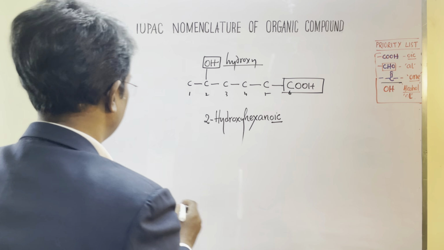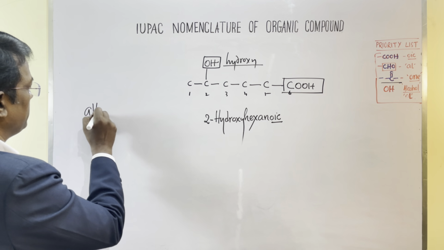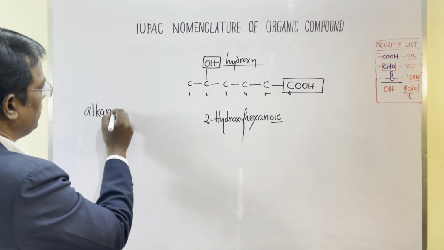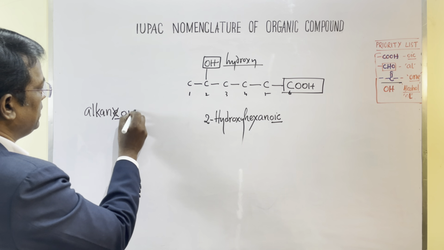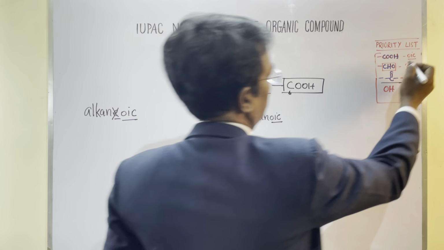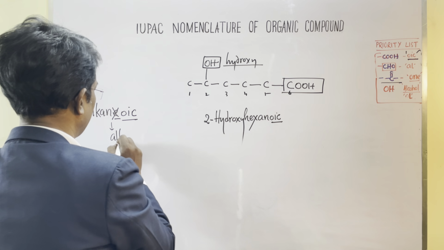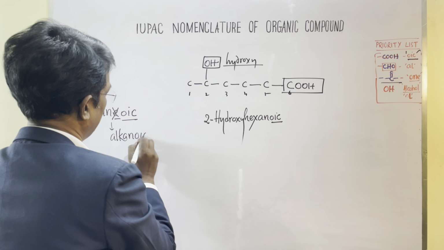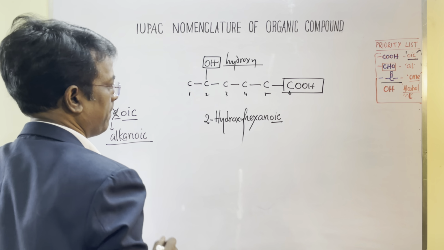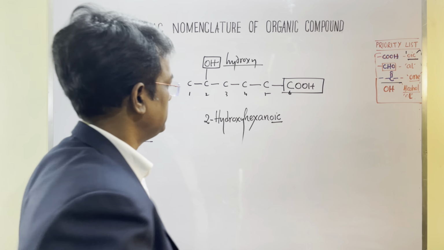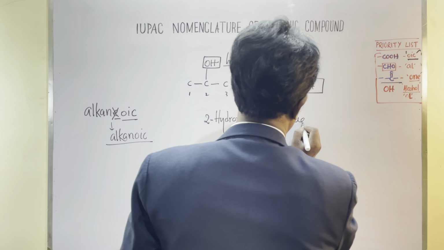So how is acid formed? From alkane, E will be deducted and OIC will be added. So it becomes alkanoic. The general terminology for naming the acid: hexanoic acid.